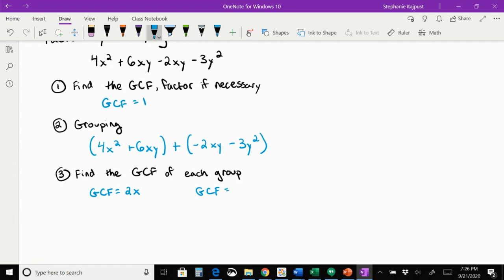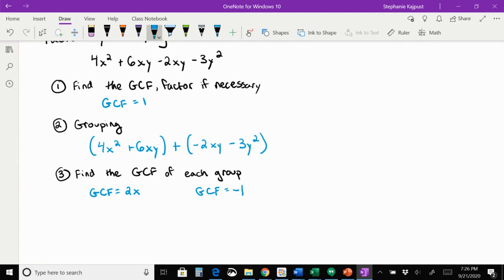And then I move on to the second group. So I'm looking at the numbers, -2 and -3. So out of 2 and 3, I can't divide a number out of both of those. So normally I would just write a 1. But if the first term is negative, we always factor out a negative, because if we don't, it's not going to work.